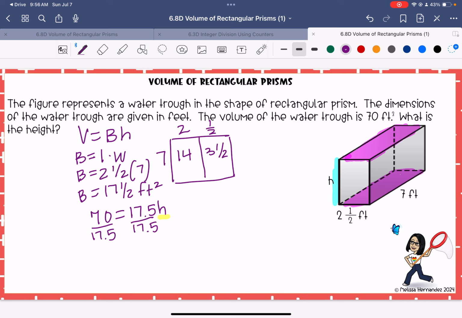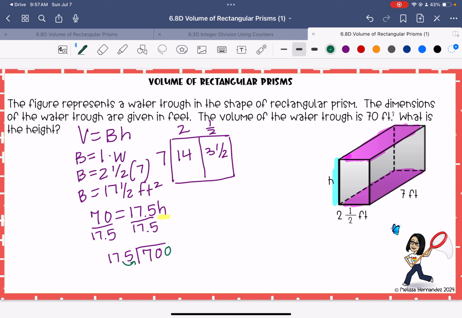So 70 divided by 17.5. Well, I can't divide by a decimal, so I'm going to use the powers of 10 so I can get the decimal to move. So what that means is I'm going to multiply 17.5 by 10, which will allow me to move the decimal over 1. And then 70 times 10 is just 700. I hear kids tell me just move the decimal.